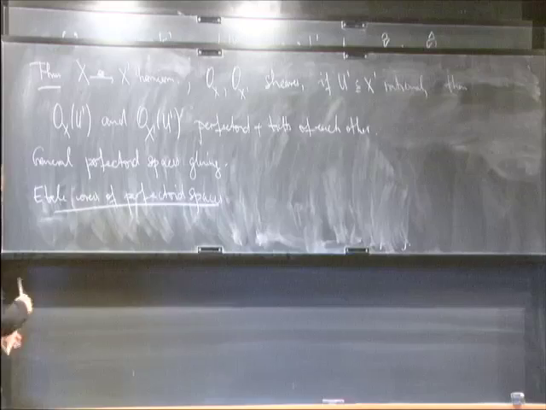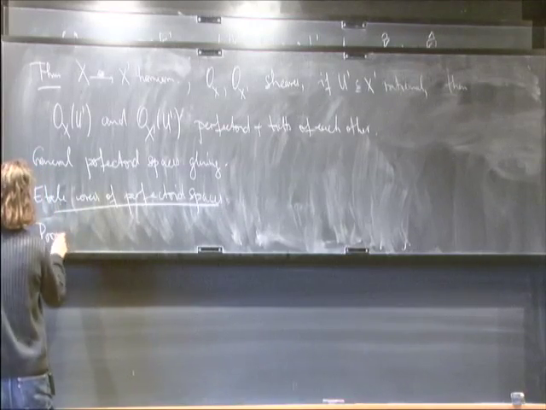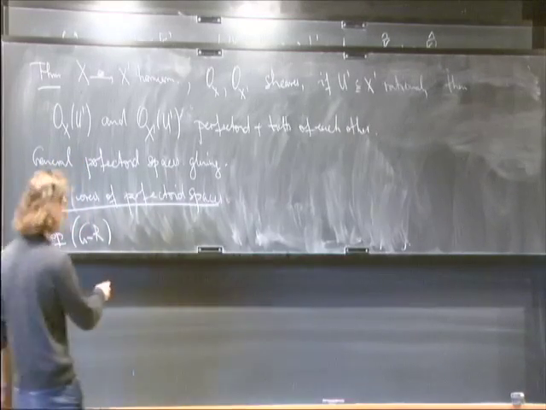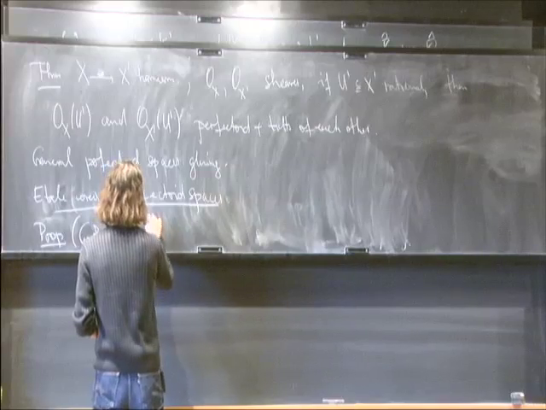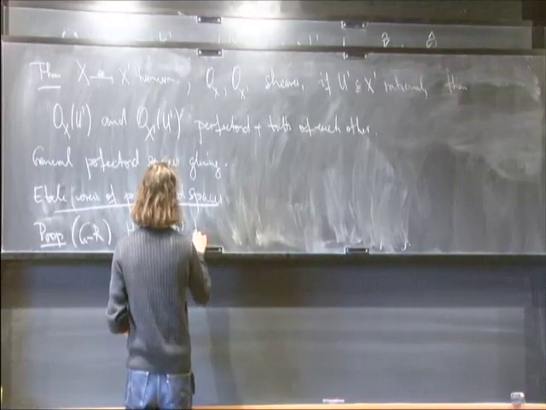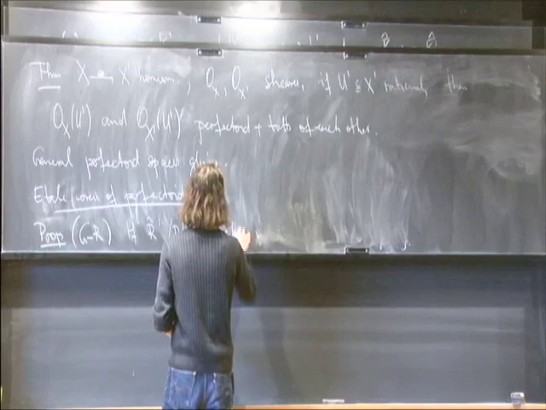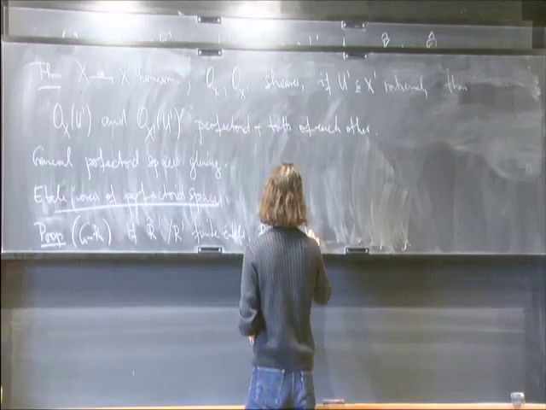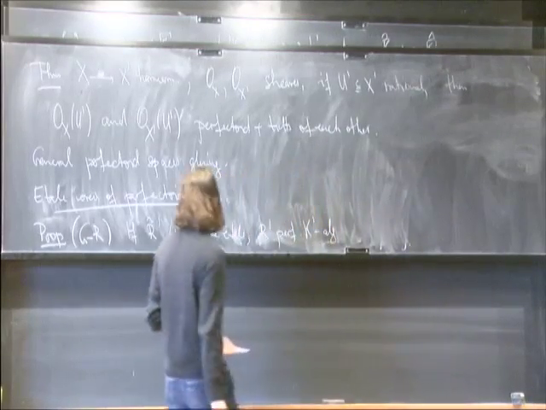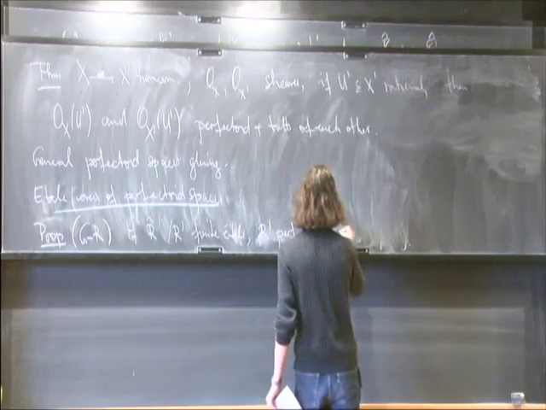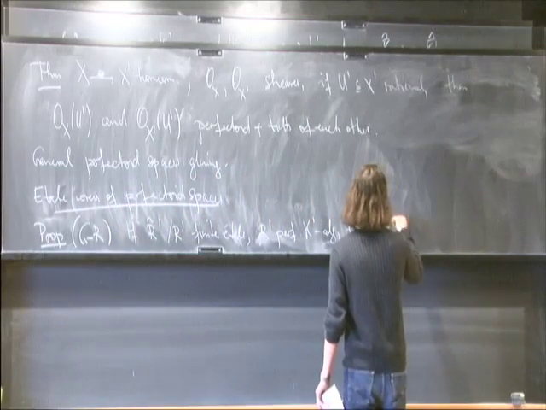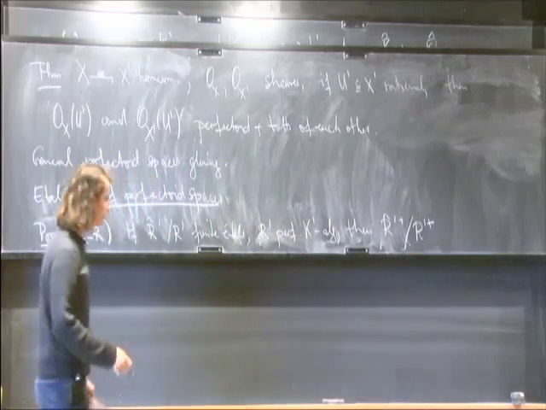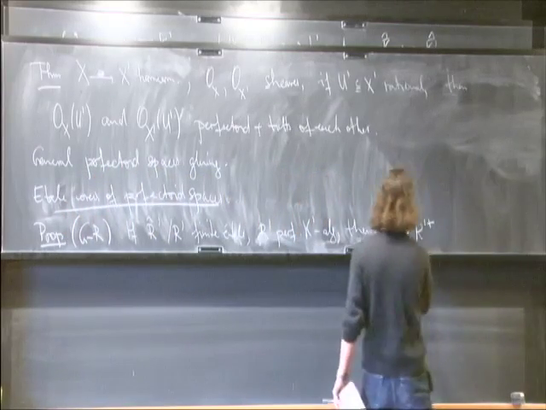Okay, so the starting point is the following proposition, which also occurs in the book of Gabber and Ramero, that if in characteristic p we have a finite cover of a perfectoid K prime algebra, then, in fact, on the integral level, the extension that you get is almost finite étale.